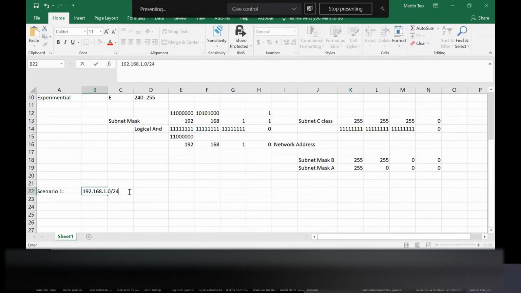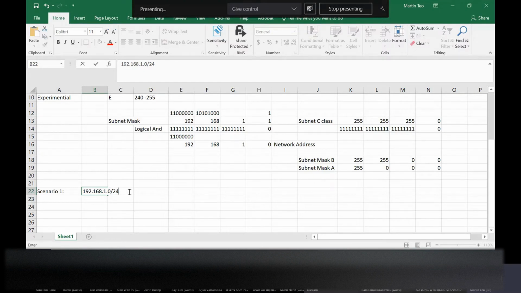That is what we call classless, or VLSM, variable length subnet masking. Later we will move on to VLSM, because with VLSM you can create subnets from subnets, which will better minimize the wastage of your IP addresses.